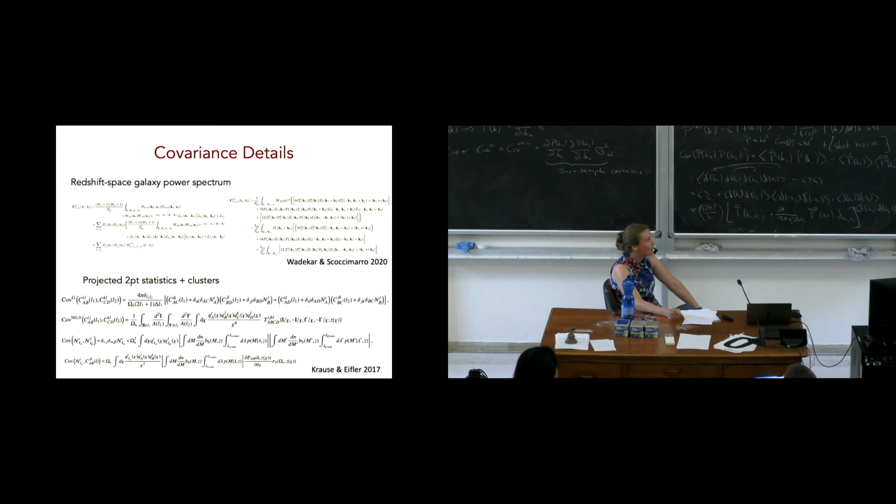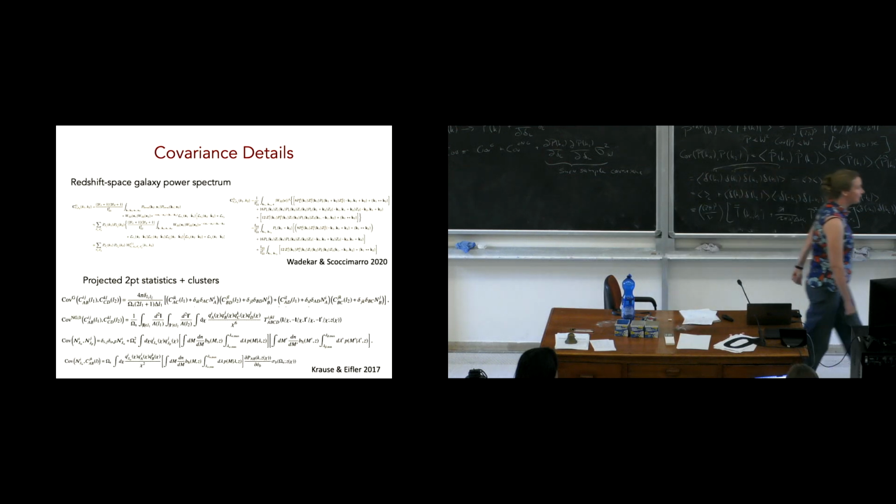So let's not worry about just how to in detail put in these practical complications. Let's just say this is the principle, and other people have worked out the detailed math. If we trust analytical modeling, then I guess at this point we can just download our favorite covariance code, compute the covariance, and run. But of course, there's limitations. Some of these quantities here are, I'm almost done, 2 more minutes, in a deeply nonlinear regime, and there can be, for example, enormous uncertainty in modeling the trispectrum between weak lensing and galaxies at highly nonlinear scales.